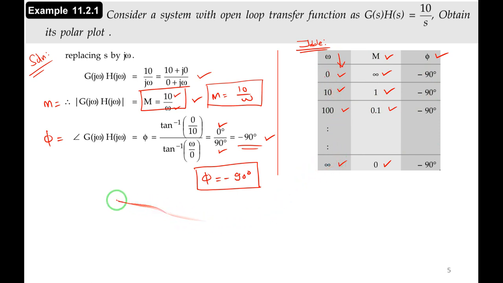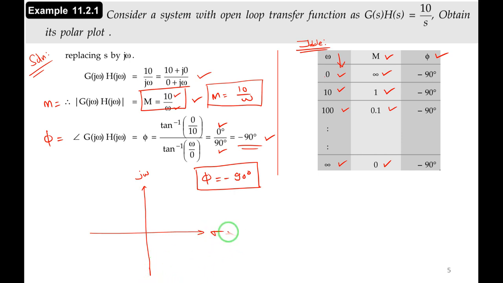Next, we have to draw the polar plot. Let me show you the polar plot here. This is sigma, the real axis, and j omega, the imaginary axis. If I measure the angle in the anti-clockwise direction, it is positive: 0 degree, 90, 180, 270, 360. But for the polar plot, we usually take negative angles.